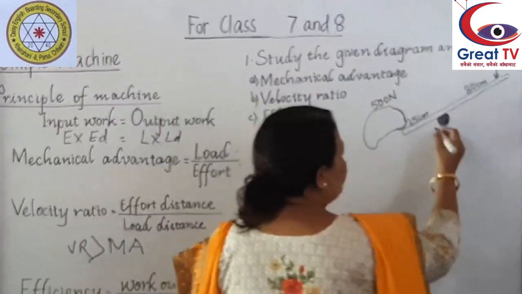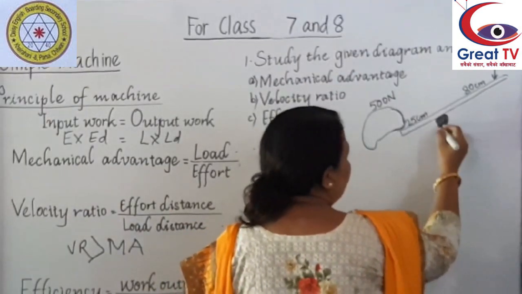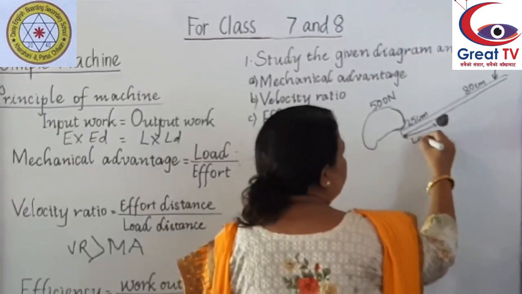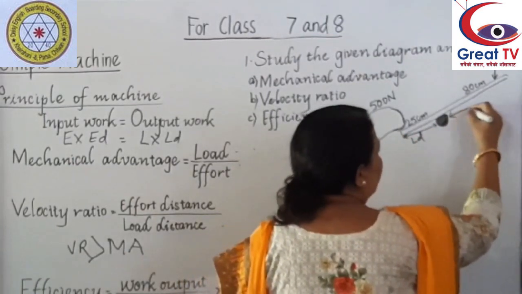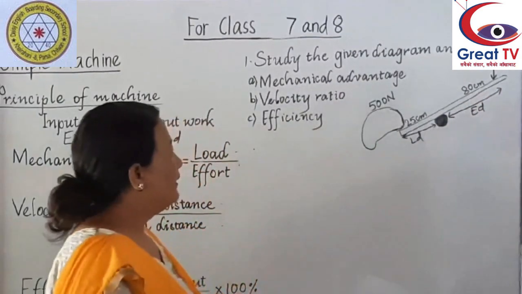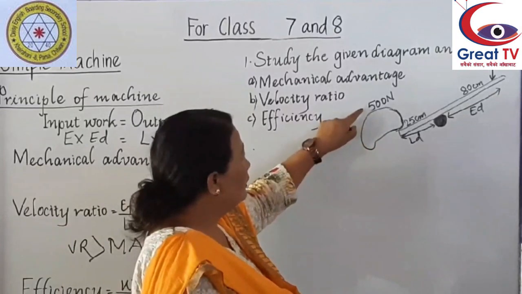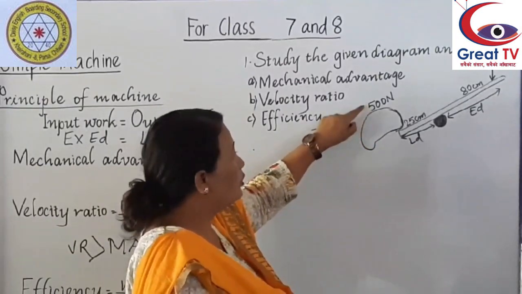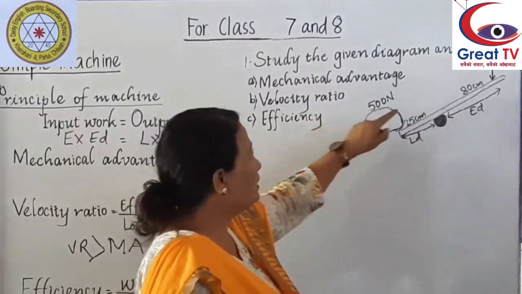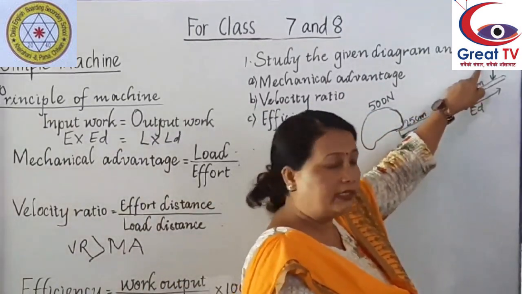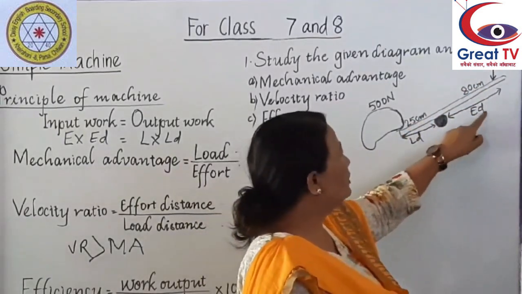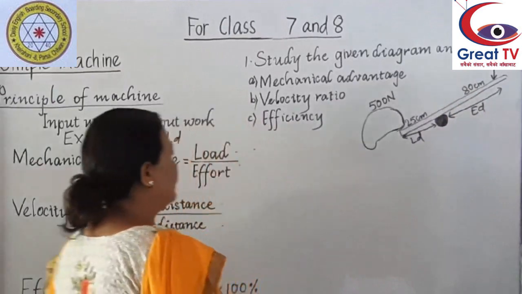The distance from the fulcrum to the load is called load distance, and the distance from the fulcrum to the effort is called effort distance. So load is 500 Newton, effort is 200 Newton, load distance is 25 centimeter and effort distance is 80 centimeter.